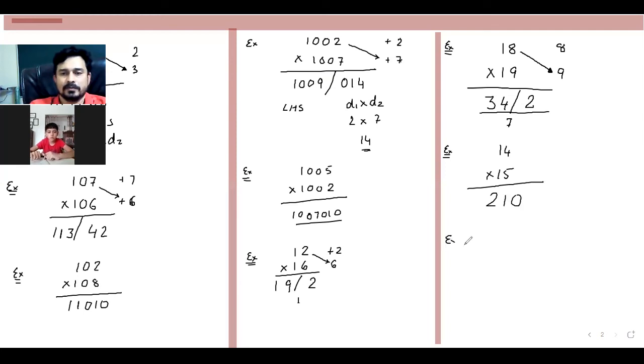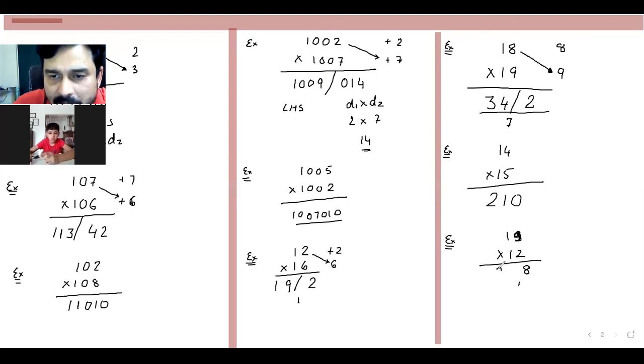One more for you: 19 times 12. The answer is 228. 19 plus 2 is 21, plus 1 carry, so 228 is the right answer.